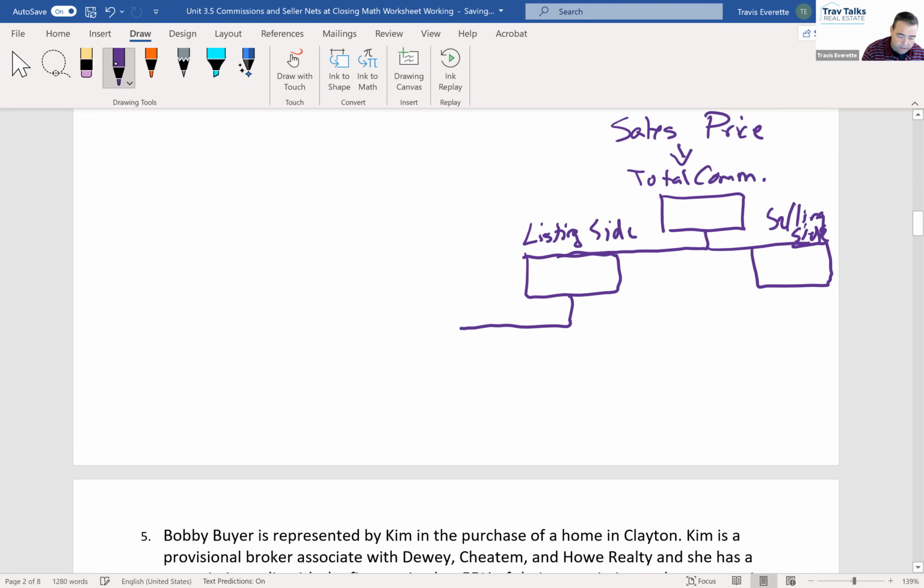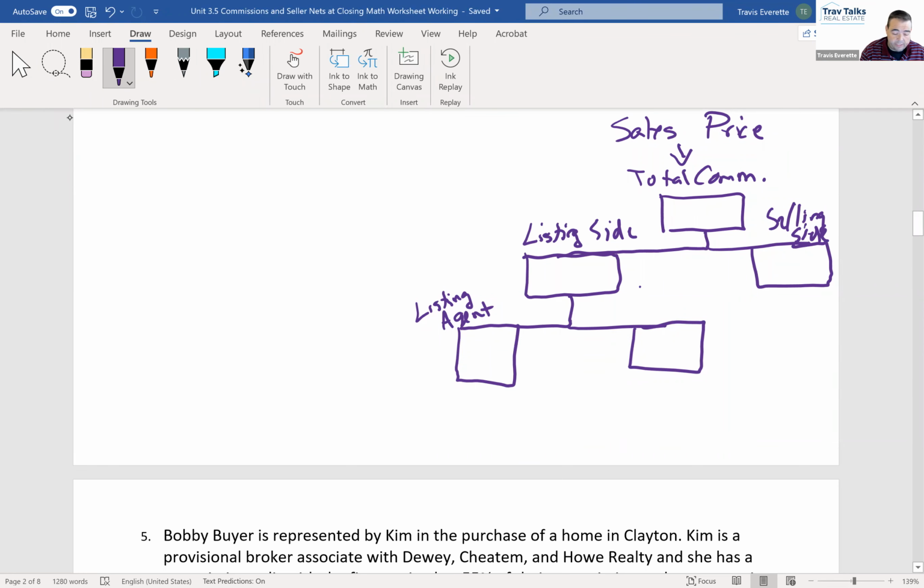And notice I'm drawing all of this out before I ever even attempt the question. We're going to split this into a listing broker or agent, if you want to call them that, same thing. For test taking purposes, probably agent is better on the math because the math will be in the national section of the test.